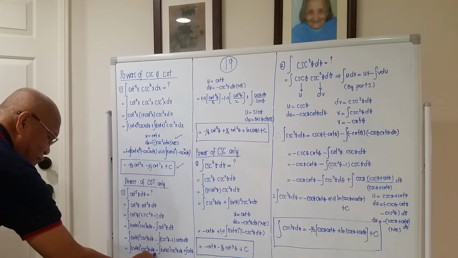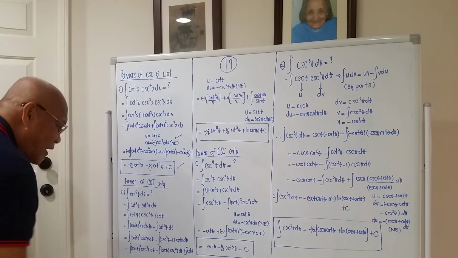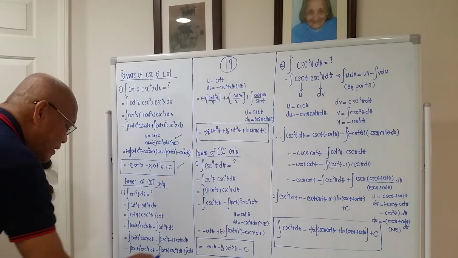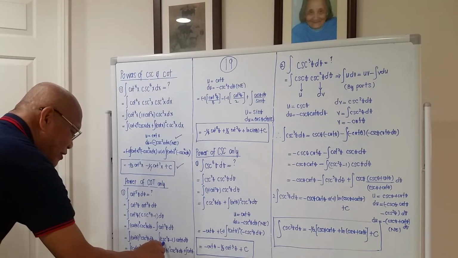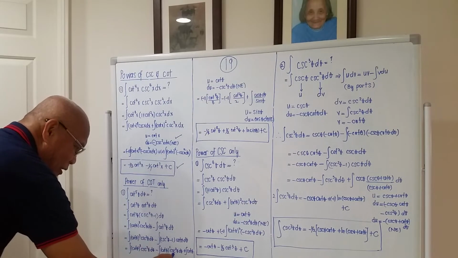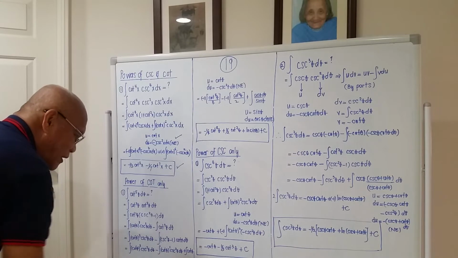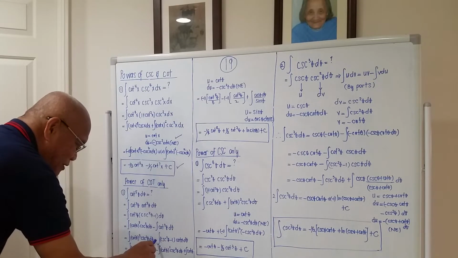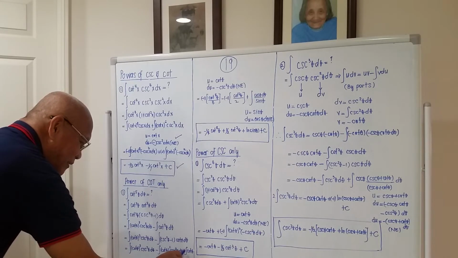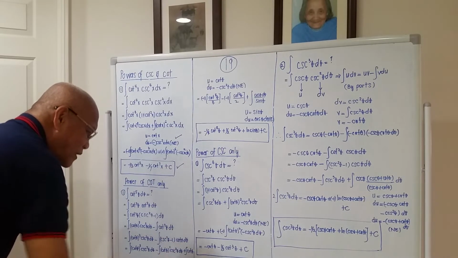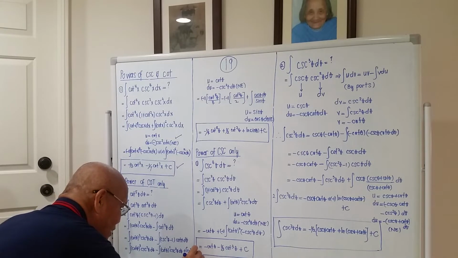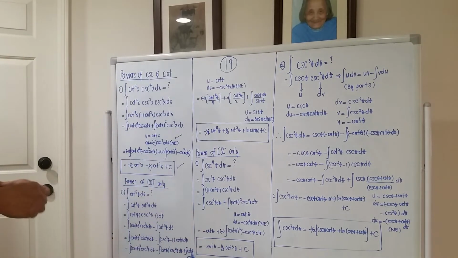Rewriting again the first one minus the integral, this should be cotangent of theta raised to the first power times cosecant square of theta differential theta. Negative 1 times negative 1 here, this will now be plus the integral of cotangent of theta with the differential theta.